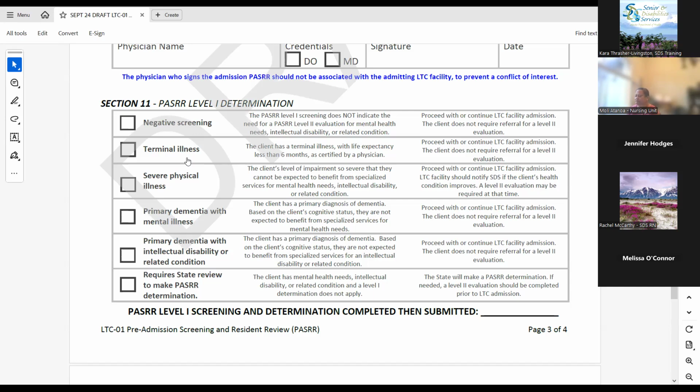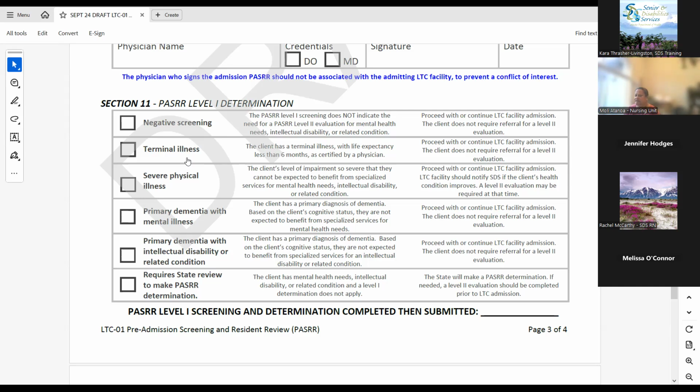They're contracted, but there is a little bit of leeway. If there's something that's suspicious or concerning, typically we'll send it back and say, hey, can you please get an updated physician signature? But if we review it and sign off on it, we're accepting of the physician who signed the form. Does that help answer the question?